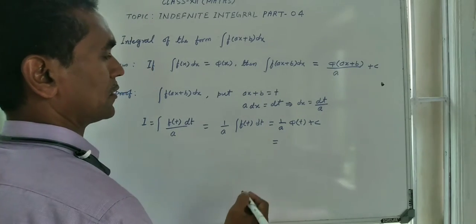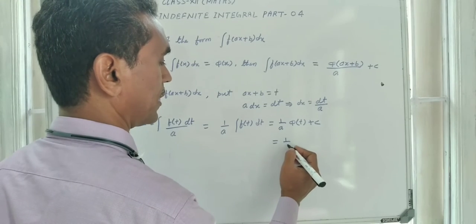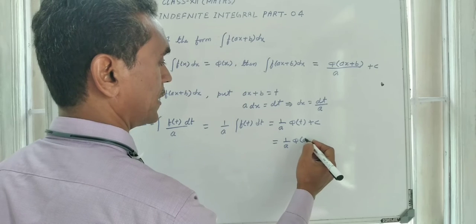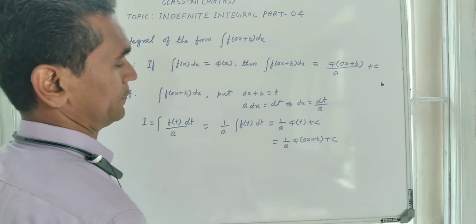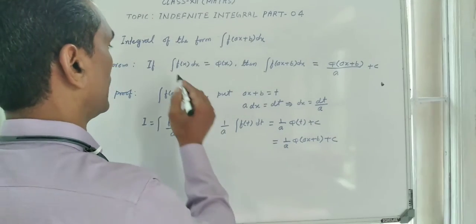Once again replace back the value of t. So 1 by a phi of ax plus b plus c. So we got here a very important formula.